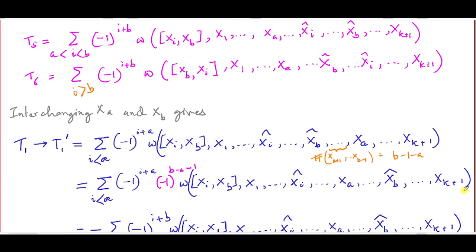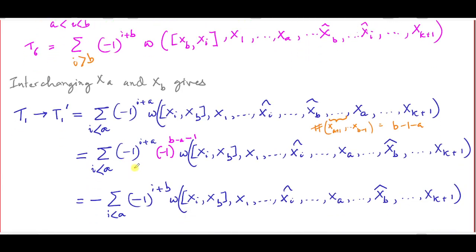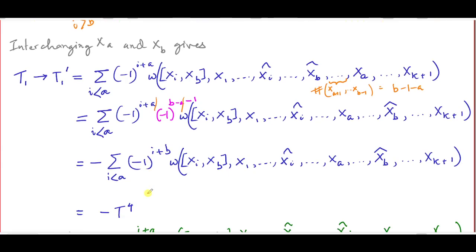The only difference is in the sign factor. The factor here is minus 1, and the a's cancel, so you have i plus b minus 1. So minus 1 to the i plus b with an overall minus sign. So this exactly becomes negative of T4.